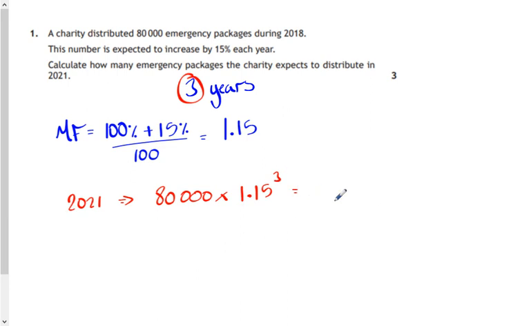So we type that into our calculators, so we get 80,000 times 1.15 to the power 3, which comes out to be 121,670 packages.